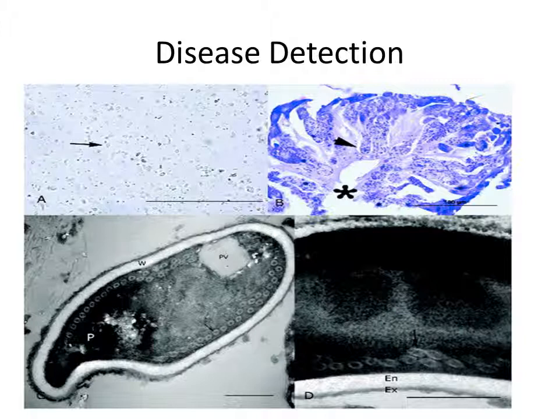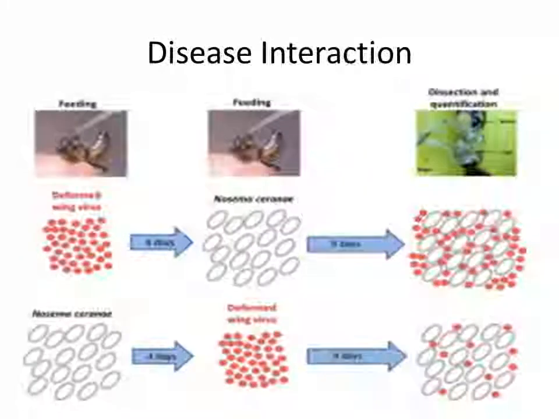Some of these pictures are showing just different fungal spores, and I believe even in the bottom left panel here, on the outside you see different spore nuclei. Most of Nosema and deformed wing virus both inhabit the intestine of the bee, so this brings up an interesting interaction between these two diseases.